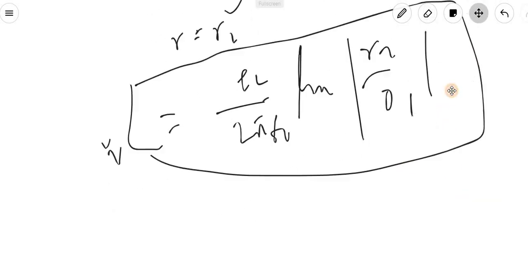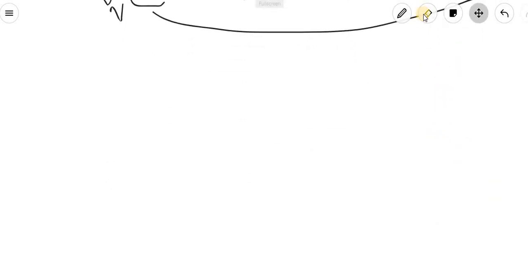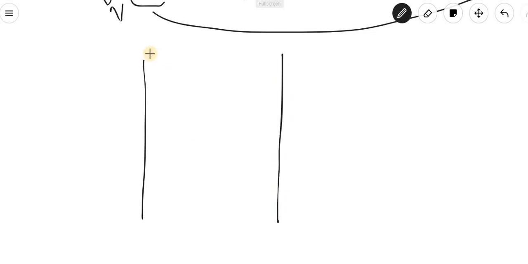Now one more thing we have to discuss, the two transmission lines of charge. Maybe the configuration will be like this. Suppose here one transmission line, and another transmission line. Before going to discuss, I just want to clear this.